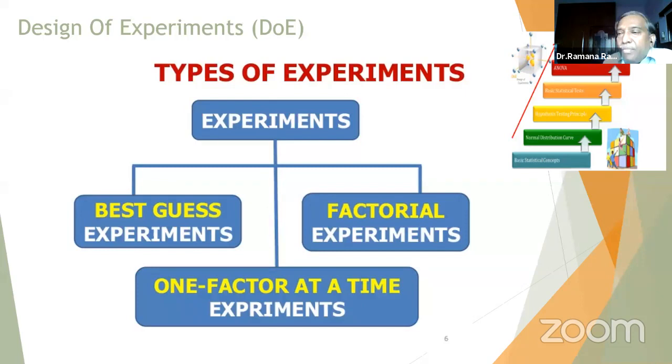For example, if you are developing a car, you need to run experiments in designing the car to meet those specifications. That is one way.